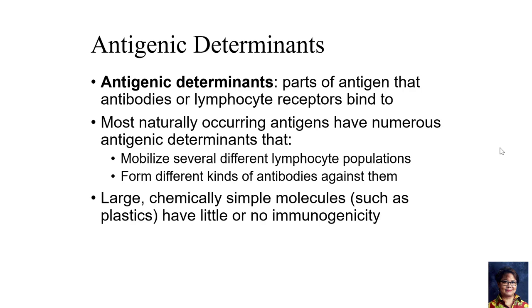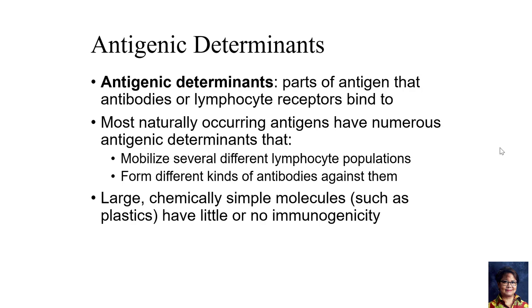The more antigenic determinants an antigen has, the better it is for our body to get rid of it, to neutralize it. However, if it has only one antigenic determinant, then it's going to be a problem because you will need just one correct white blood cell that would genetically carry the DNA that would neutralize that one antigenic determinant. So it is harder if it has only one antigenic determinant.